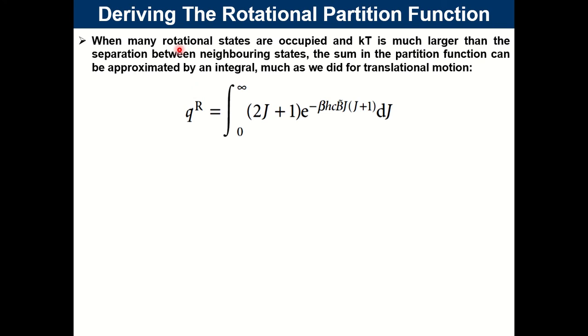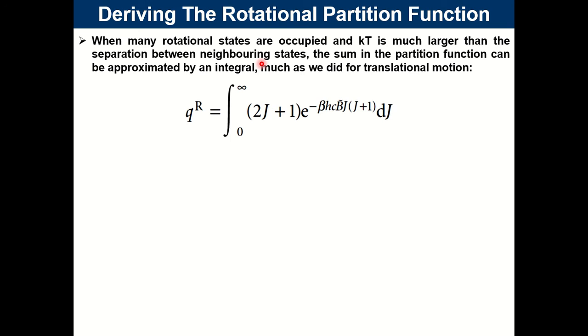So when kT is much larger than the separation between energy levels, many rotational states are occupied, and that is the situation in most molecules. But for hydrogen at room temperature, the kT term is much smaller compared to the separation, and not all the states are populated. To say it again clearly: normally many rotational states are populated for a given molecule at room temperature.